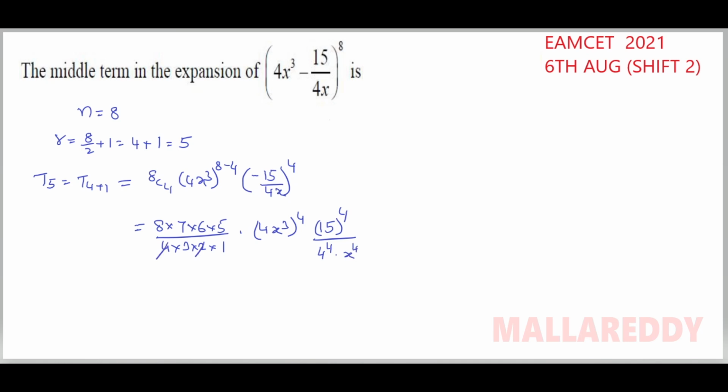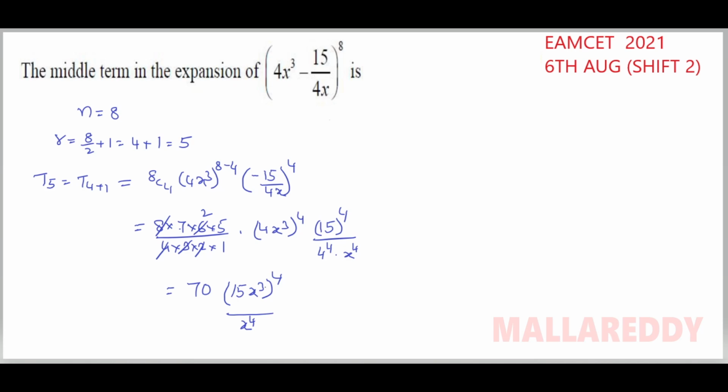Here 4 into 2, 8 cancel. This 3, 2 times cancel. So 5 into 7, 35, 35 into 2, 70. 70 into here 4^4, 4^4 cancelled. That is 15, x³, that is (15 x³)^4 by x^4.